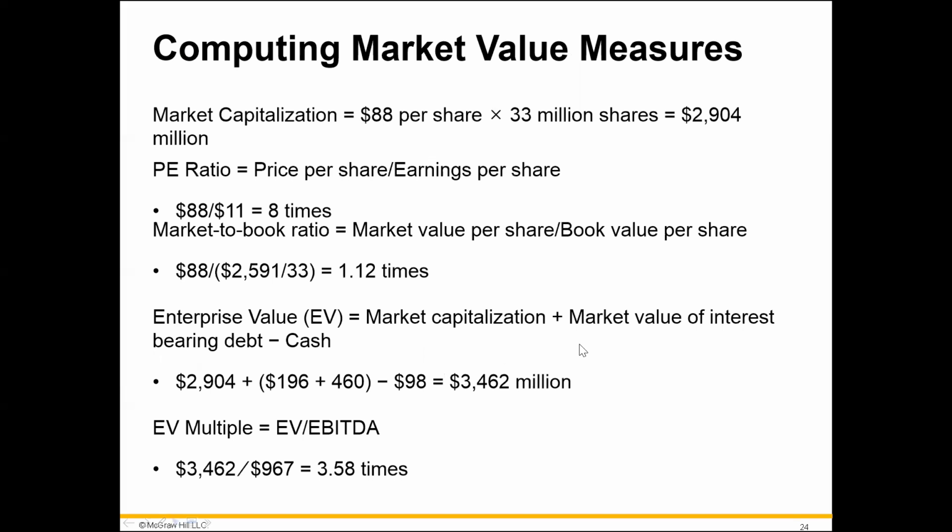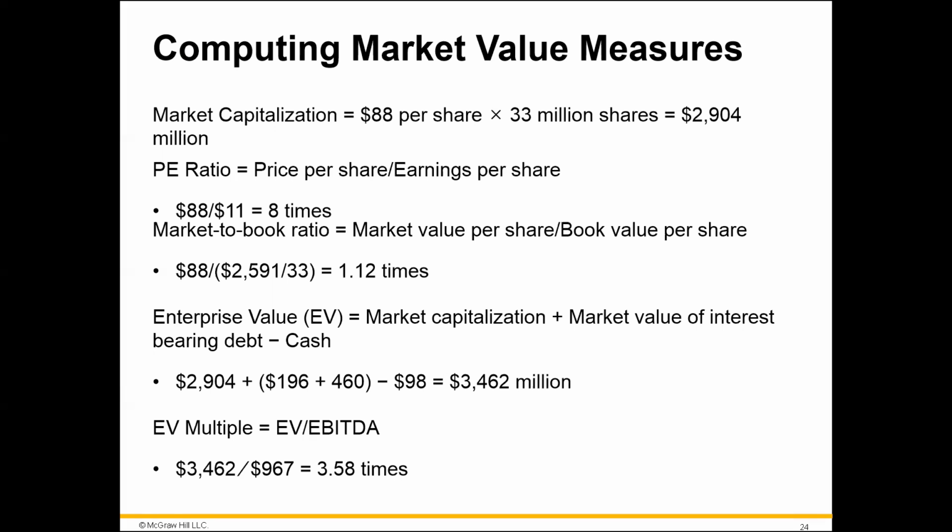And finally, we can look at several market value measures. These are pretty popular measures in the financial market because they are measured by the market value in the market, right?